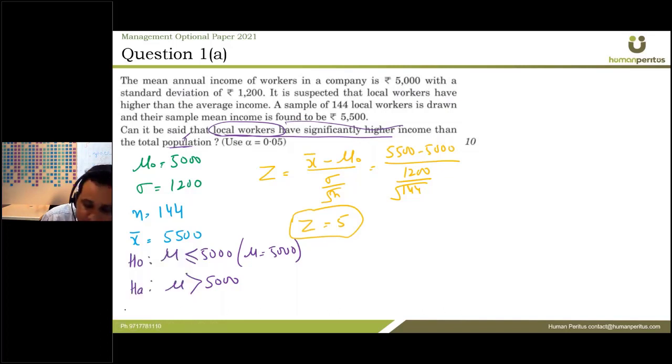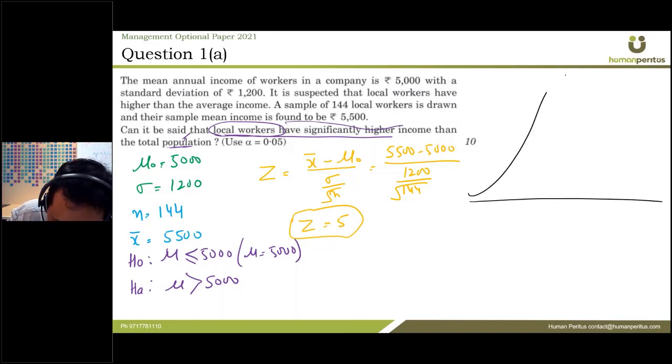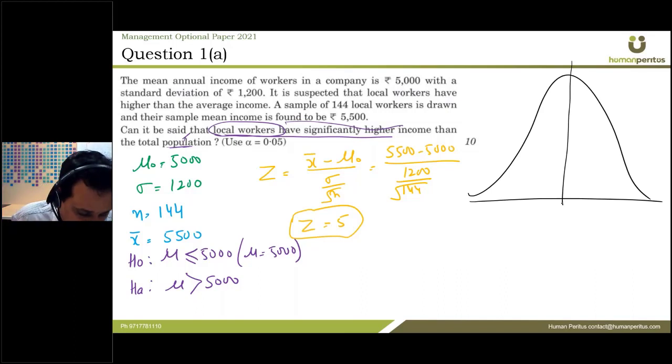As we know, there are two methods of doing any hypothesis problem. One is the critical value approach, another one is the p value approach. I'm doing this with the p value approach. Okay? So the p value approach means that for my normal distribution, this is my population mean.